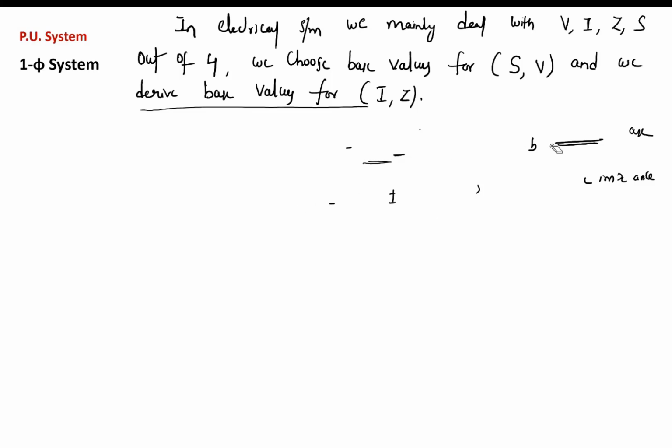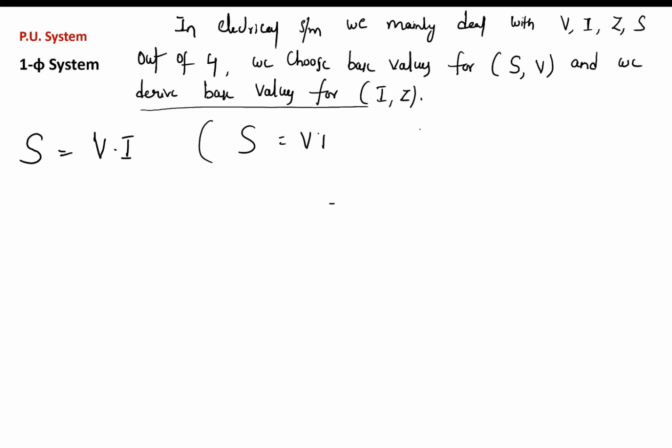Next, if you take a single phase system, the magnitude of S is given by V into I. If you want complex power, then it becomes V into I conjugate. If you only want apparent power, the magnitude, then S is given by V into I in a single phase system, where V is the phase to neutral voltage and I is the phase current.